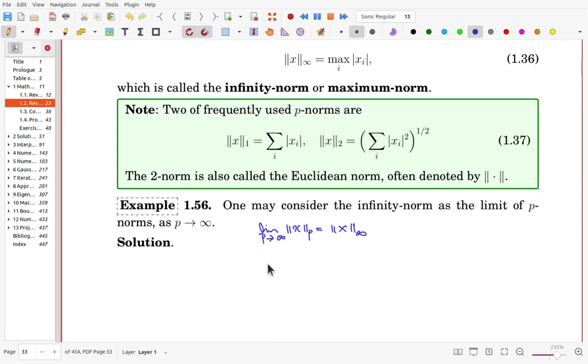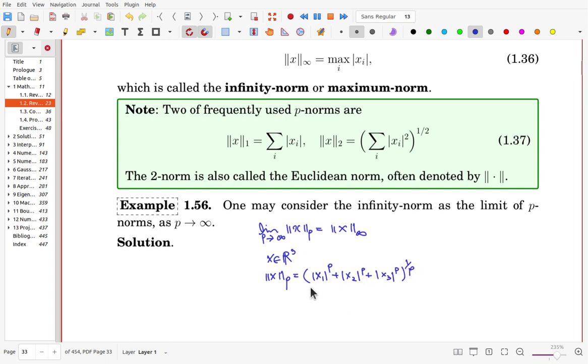For example, we'll try to use only three components. So let's say x is in R3. Then the p norm of x will be (|x1|^p + |x2|^p + |x3|^p)^(1/p), right?